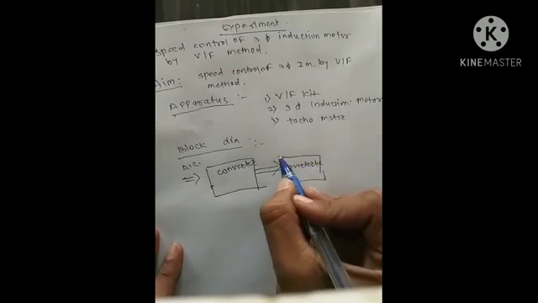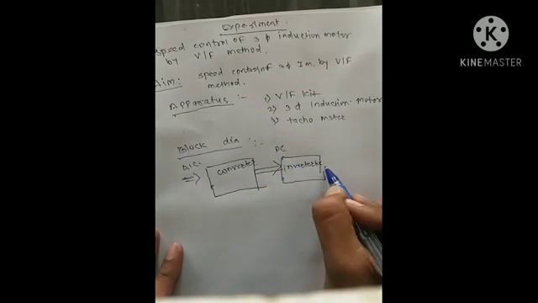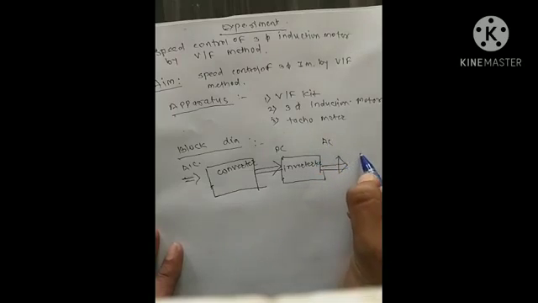It is a variable DC input to the inverter, and finally this inverter converts DC into AC again, and this AC input we finally give to the induction motor.